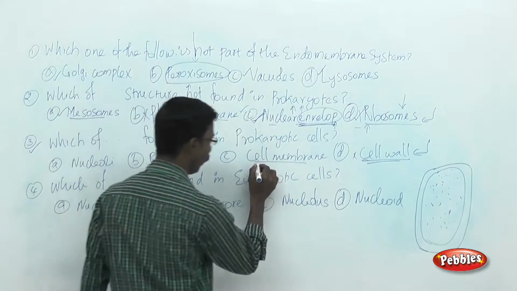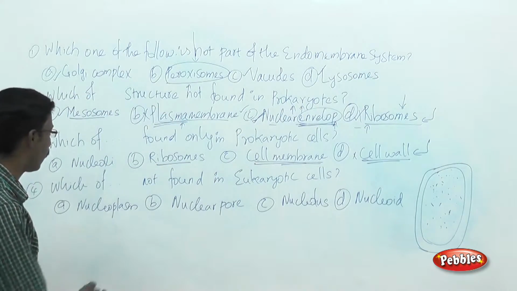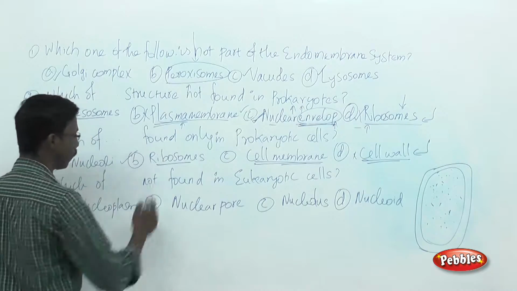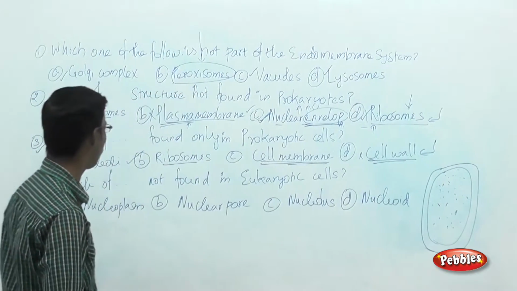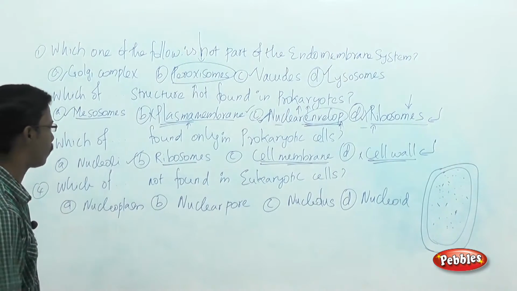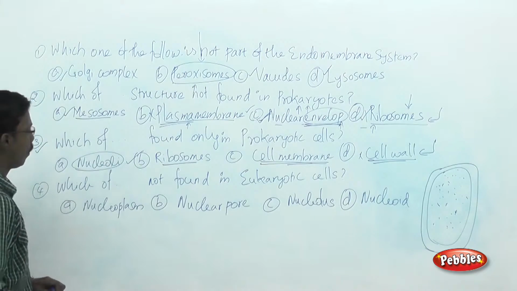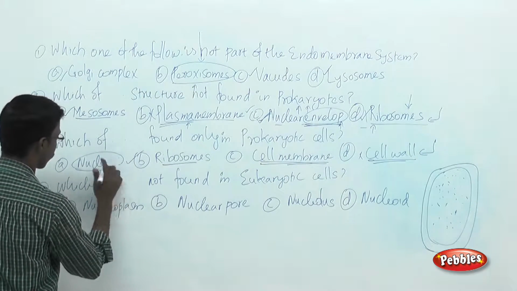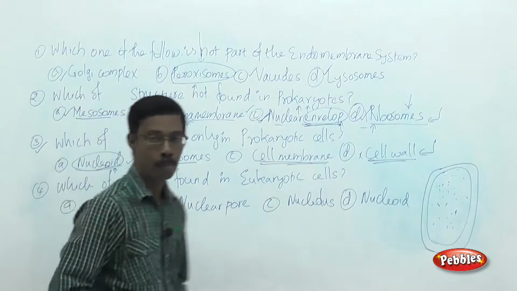Cell membrane, as I told you, all the living cells are covered by the cell membrane. Ribosomes, as I told you, are present both in prokaryotes and eukaryotes, and all the living cells possess the structure ribosomes. Nucleoli, okay, nucleoid actually. Nucleoid is present only in the prokaryotic cells.